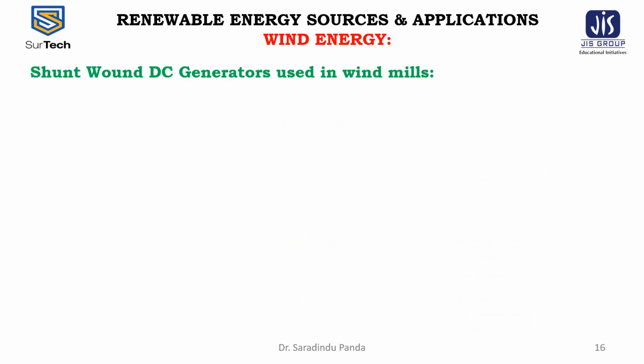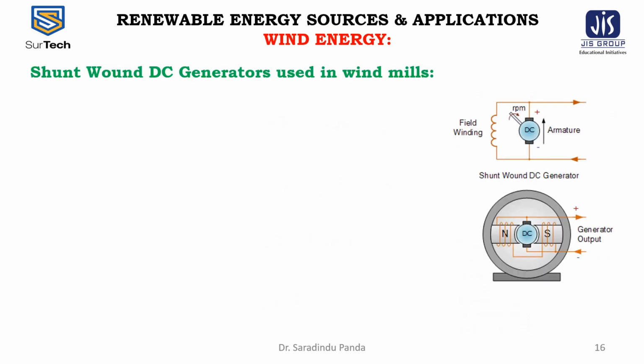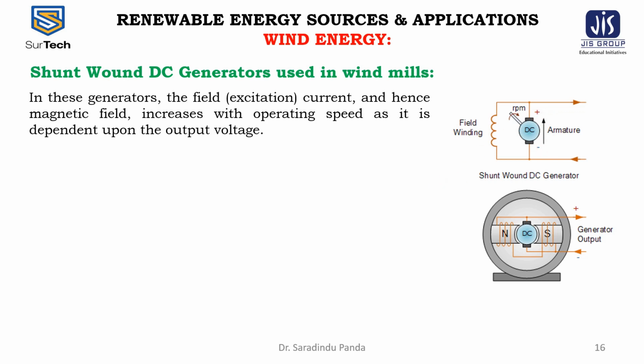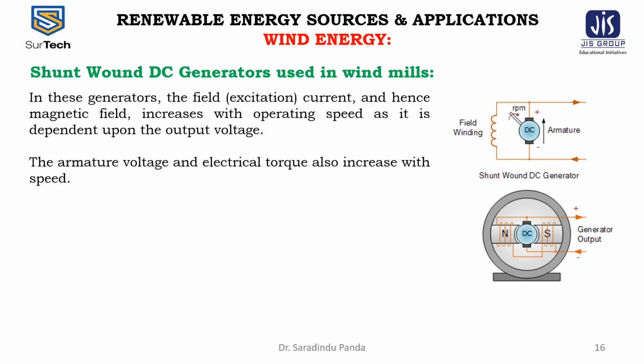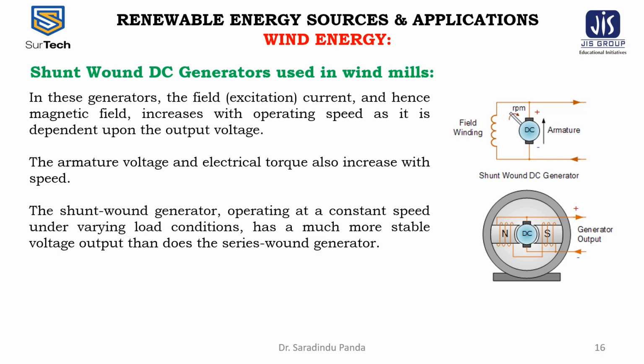Now the shunt wound DC generator used in windmills, where the field windings are connected in parallel to the armature. In these generators, the field current, and hence the magnetic field, increases with the operating speed as it is dependent upon the output voltage. The armature voltage and the electrical torque also increase with the speed.